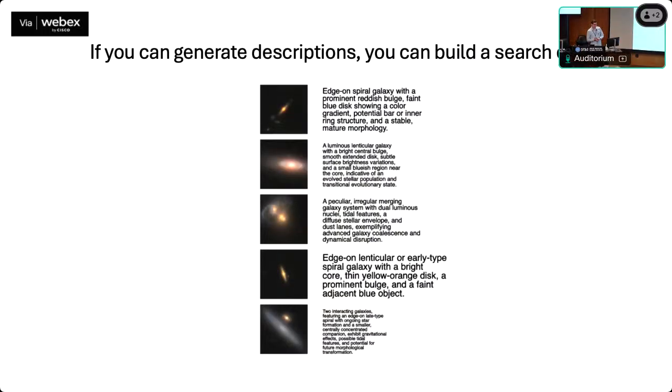The idea is that if you can then generate descriptions from the images, you can build a search engine. So we did this with 300,000 images randomly chosen from Legacy Survey and HSC. Then we generated 300,000 descriptions. And from that, you could just Control F and try to find what galaxy you're looking for.